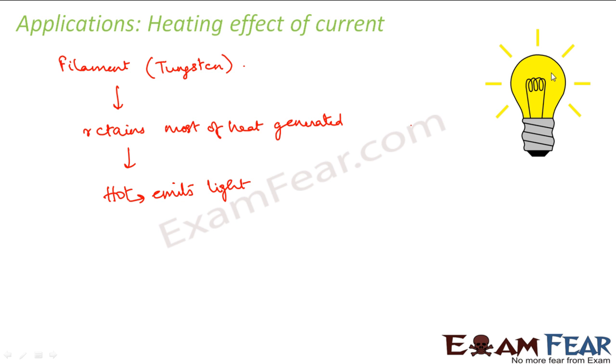So now what we do, this tungsten filament is thermally isolated so that so much heat doesn't damage the other parts of the bulb. Most of the power consumed by the filament is given as heat, and a very small portion of it is given as light. So most portion is given as heat and some is given as light, right? So in this way we see that in a bulb, electrical energy also gets converted into heat energy and light energy.